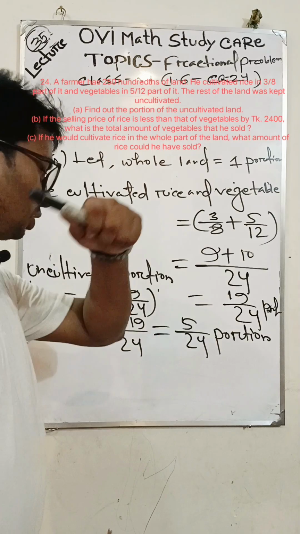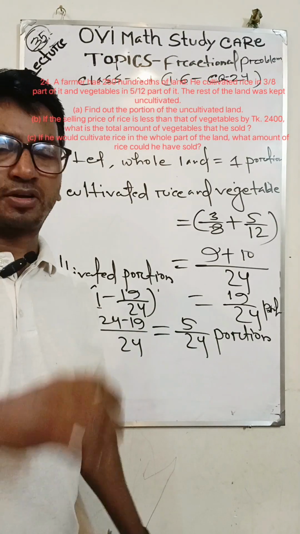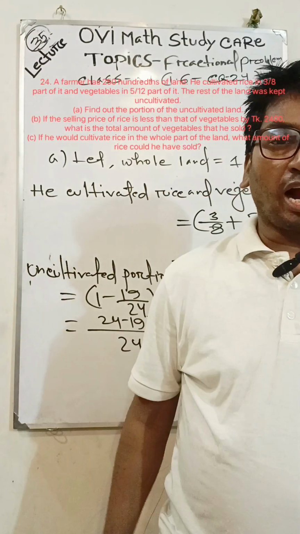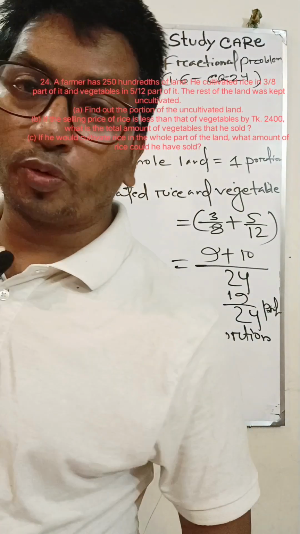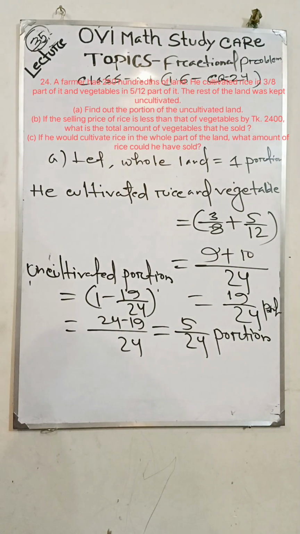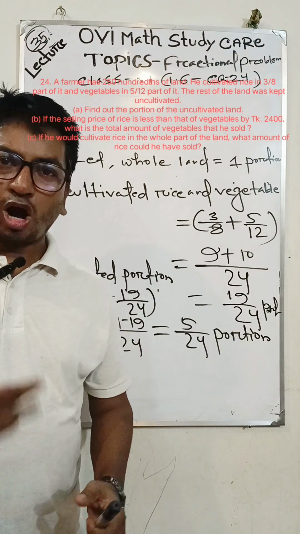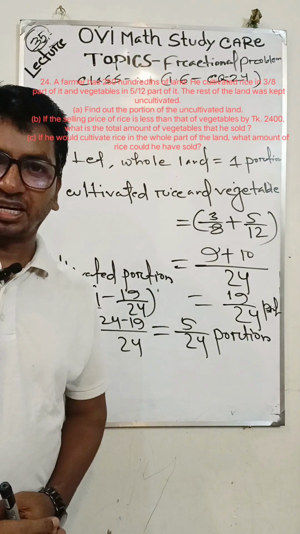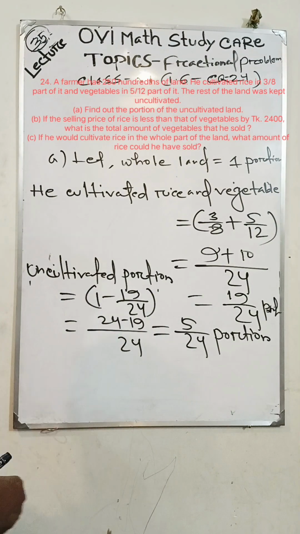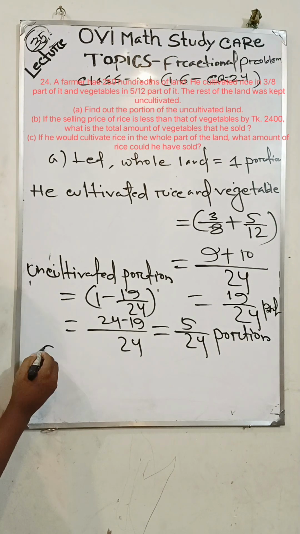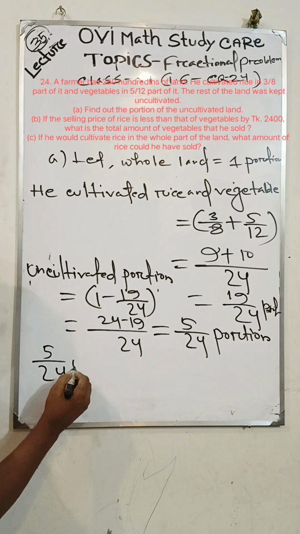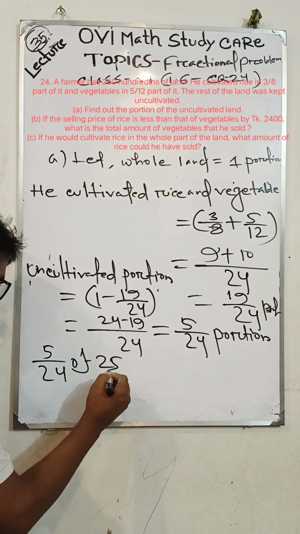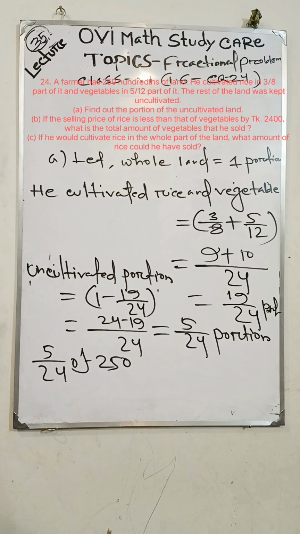5 by 24 part. But another question: our total land is given as 250 hundredths. So anyone can ask us, how many hundredths of land are uncultivated? You can write 5 by 24 of 250 hundredths.